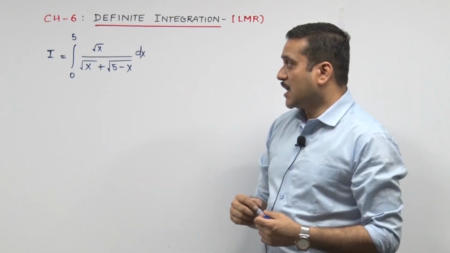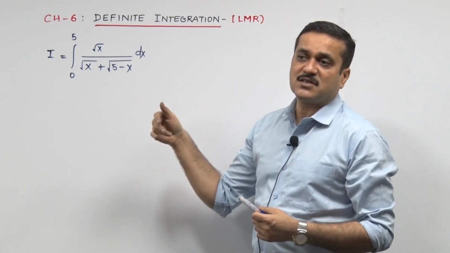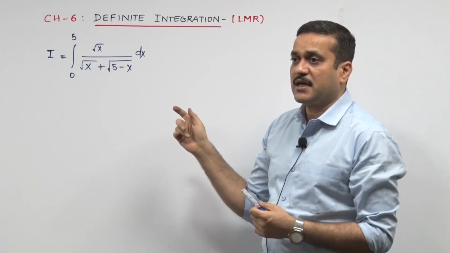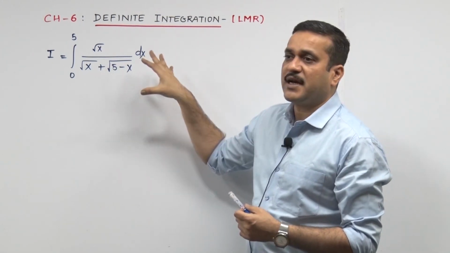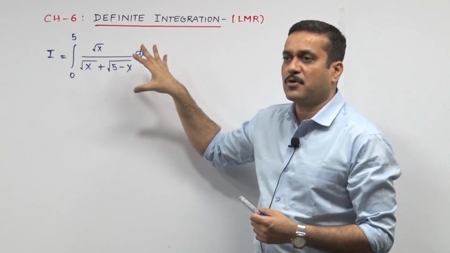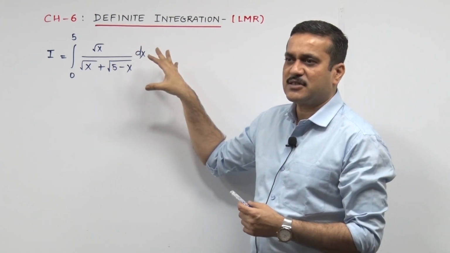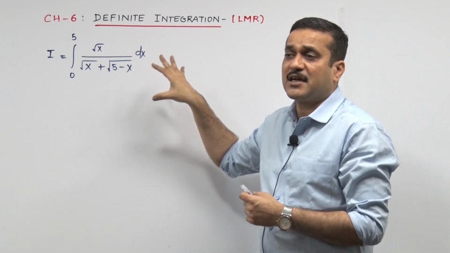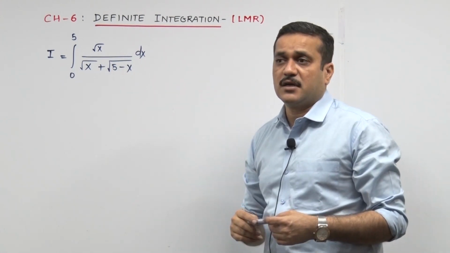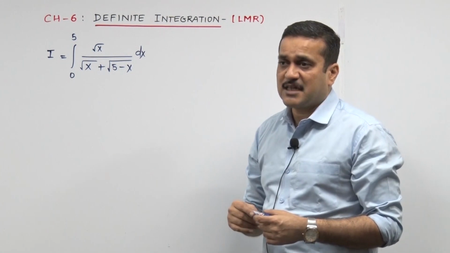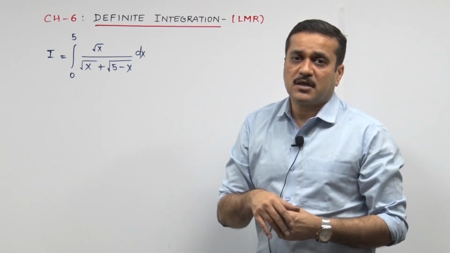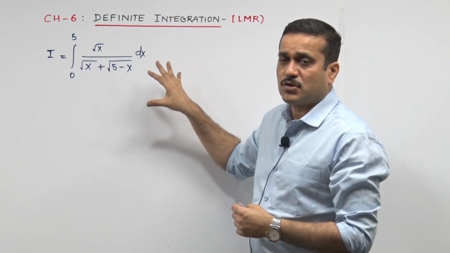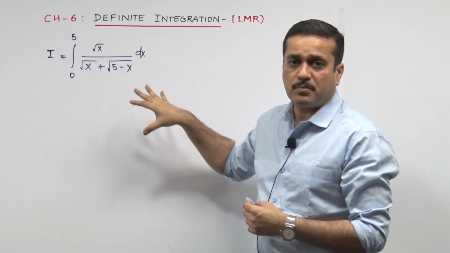I equals, that is the solution I have written. The moment I see this, I need to apply the properties. If you try to solve this sum by integration techniques, whatever you have learned or mastered in chapter 5, let me give you my word, it is not going to get solved. It has to be solved by properties.